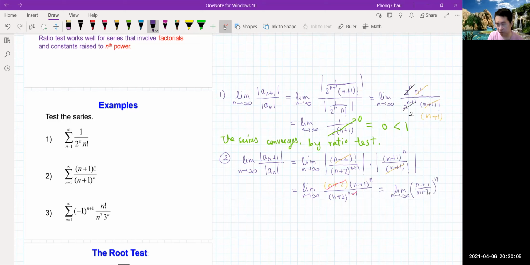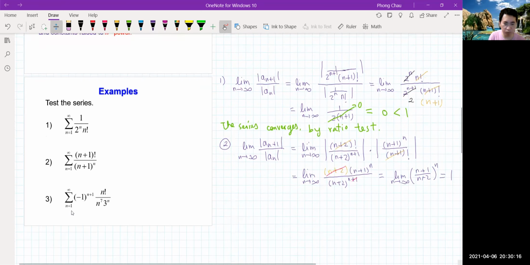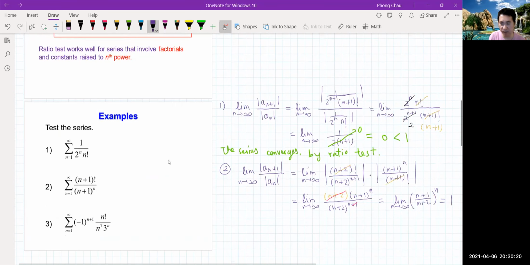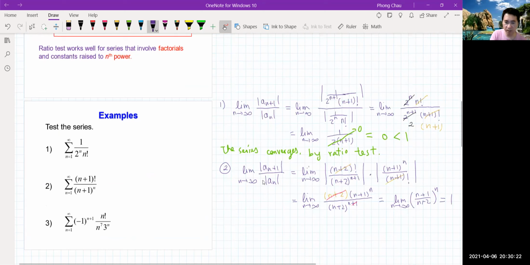Now we see that what's inside is approaching 1, so to the n, that really approaches 1. So the limit is 1. Now, when the limit is 1, this test is inconclusive, meaning I don't know the answer.